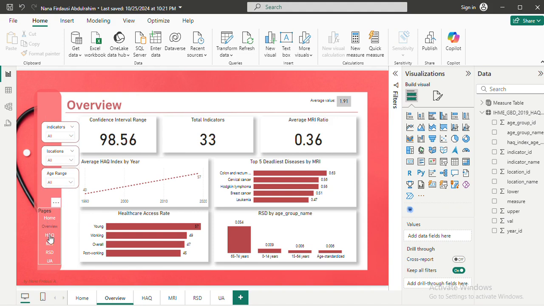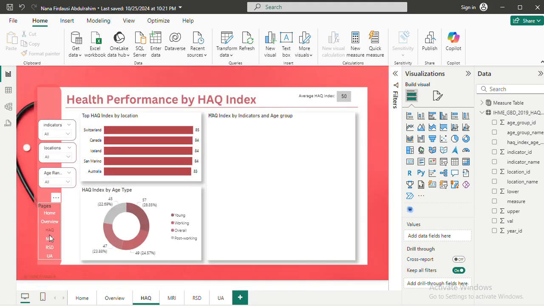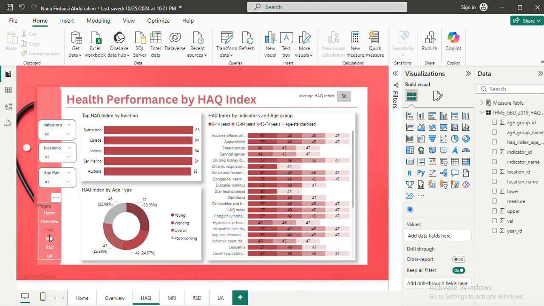So let's move on to the HAQ page where I compare the HAQ with different healthcare indicators. From here you can see that the top countries that have access to healthcare are Switzerland, Canada, Iceland, San Marino, and Australia.